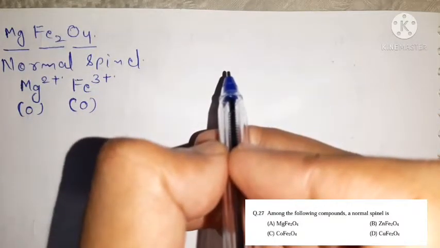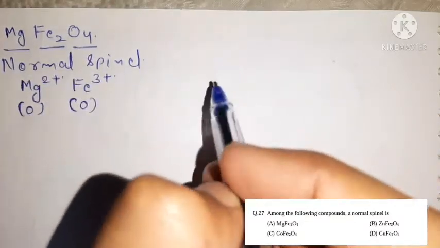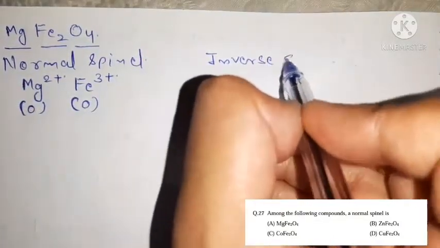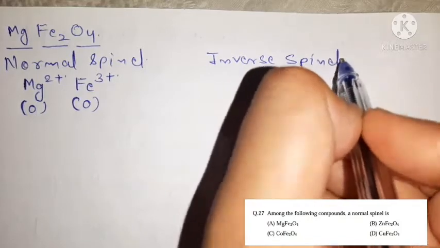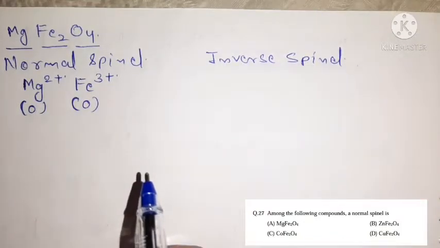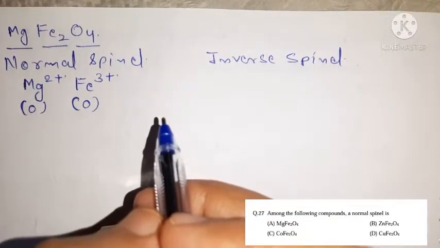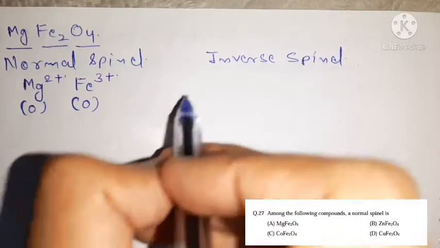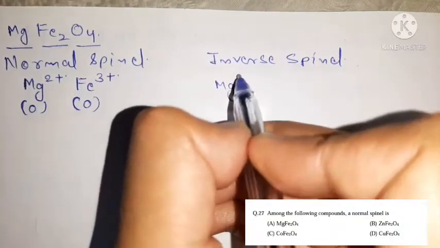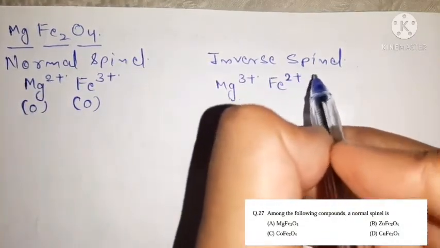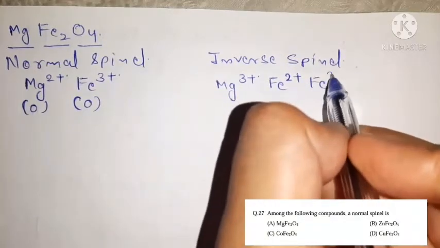And when we take MgFe2O4 as an inverse spinel, all divalent and half of the trivalent cations are present in octahedral voids. So half of the iron will be present in 2 plus form and half of the iron will be present in 3 plus form.